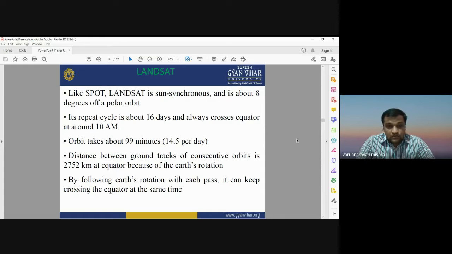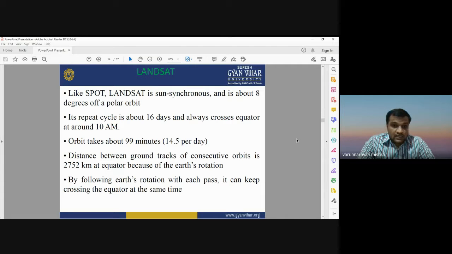Most of the remote sensing satellites are sun synchronous. Like SPOT, Landsat satellites are also sun synchronous, and the inclination is about 8 degrees off a polar orbit, and its revisit time or repeat cycle is about 16 days, so that it can acquire the image of the same area around 10 a.m. every day.